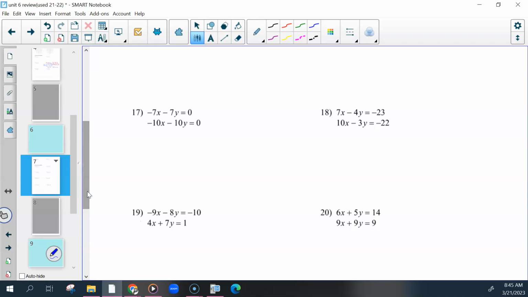So remember your rules with elimination. Your coefficients have to be the same. What you choose to eliminate is up to you. They're both the same. So whether you choose x or y doesn't matter. What do we want to eliminate? X or y?